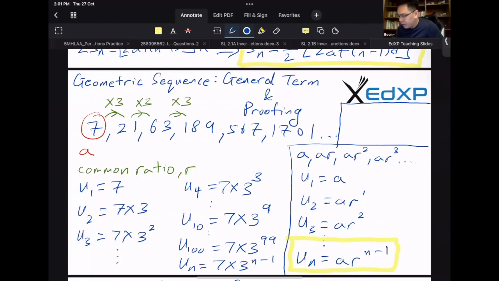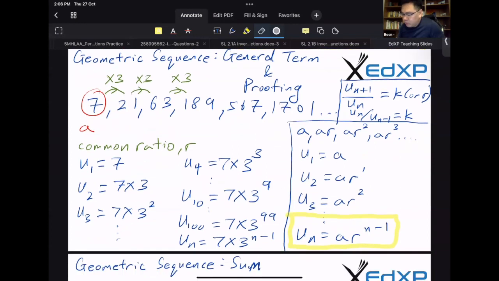So to prove that a sequence is geometric, we take the general term and divide by the previous term, and it must give me a constant, which happens to be the common ratio r. Alternatively, you can also do un over un minus 1. Same thing. The important thing is you have to get a constant, which is the common ratio.